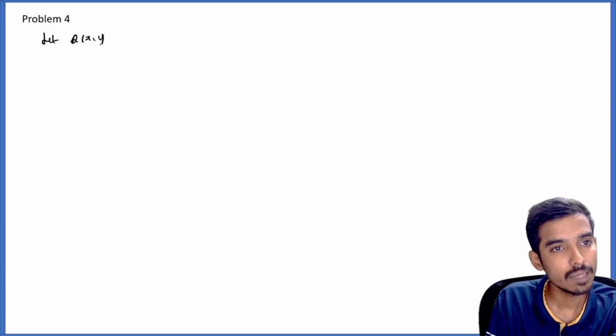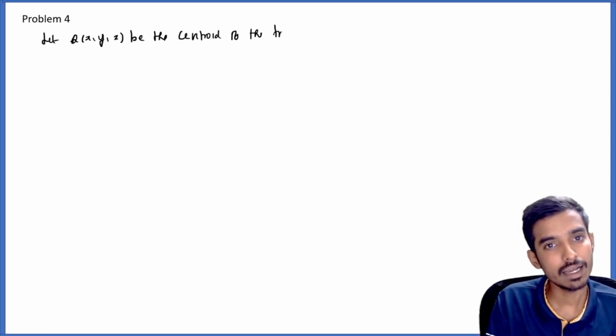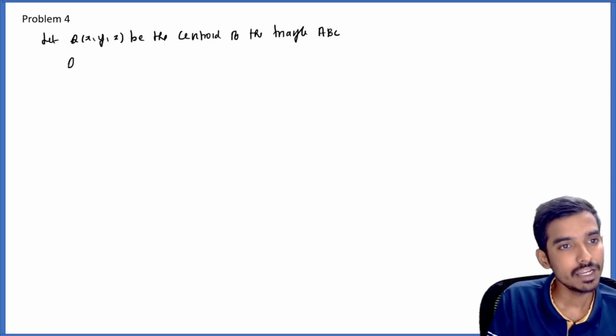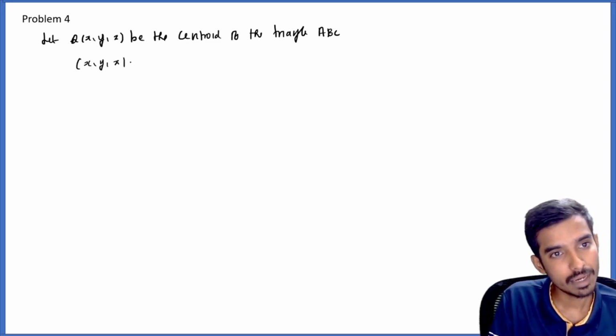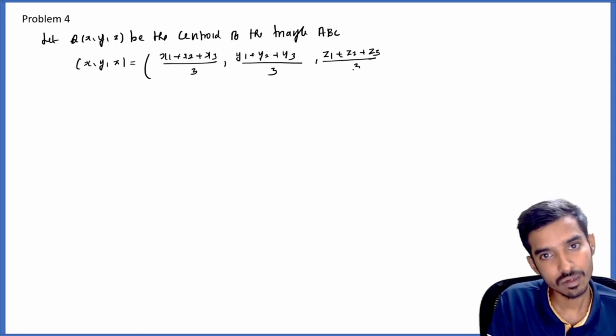Let Q (x, y, z) be the centroid of the triangle ABC, right? That means Q is given by x1 plus x2 plus x3 divided by 3, y1 plus y2 plus y3 divided by 3, z1 plus z2 plus z3 divided by 3.